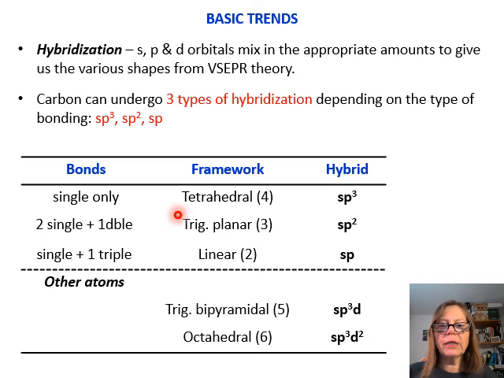If we only have single bonds, the framework is tetrahedral. It is sp3 hybridized. If we have 1 double bond and 2 single bonds, it's trigonal planar and sp2 hybridized. If we have 2 single bonds and a triple bond, it is linear and it is sp hybridized.